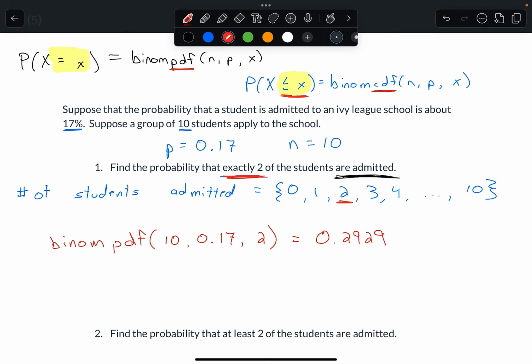If you're going to use this method on quizzes and exams, I would really like to see this Binomial PDF syntax written on your paper. And the reason for that is if you don't have that, and perhaps you make a typo or maybe you use the wrong number, whatever it is, and if this number that you give me is wrong and you have no other work, I cannot give you any partial credit.